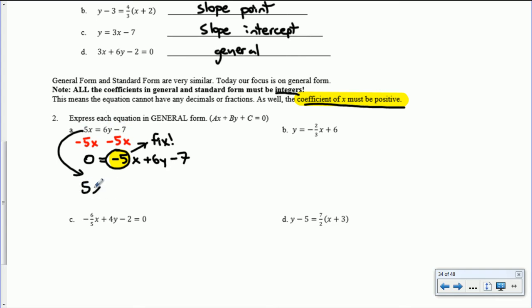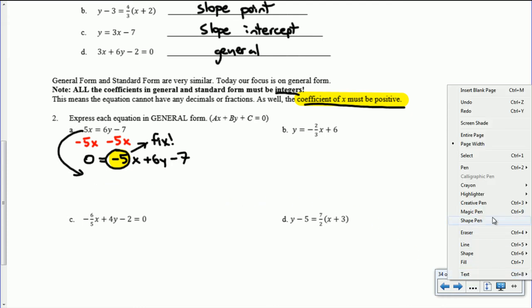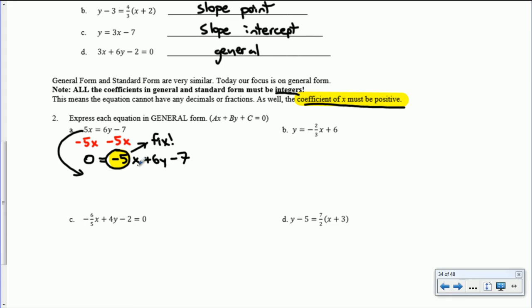So I would have 5x, maybe I'll write that in a different color pen, 5x minus 6y plus 7 equals 0. That would be correct, because it's got a positive x coefficient, everything's an integer, it's equal to 0. Good to go.